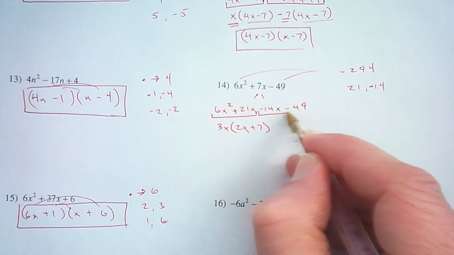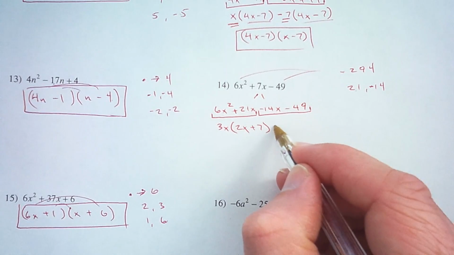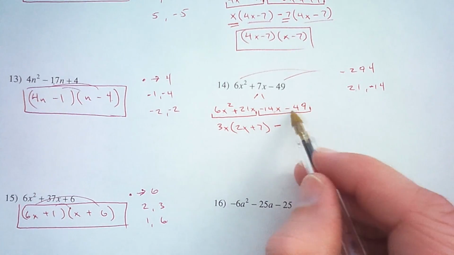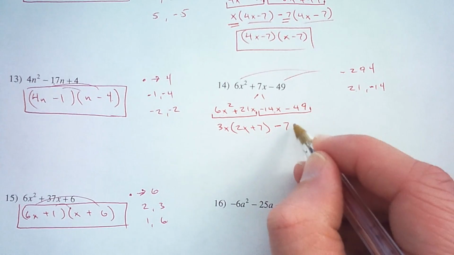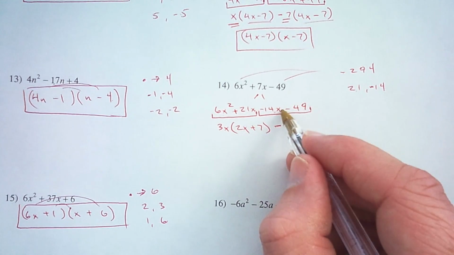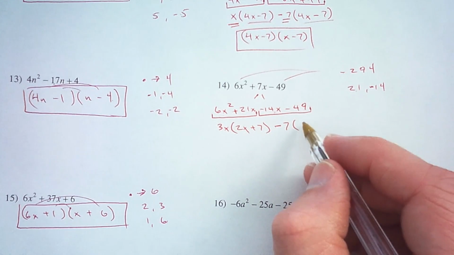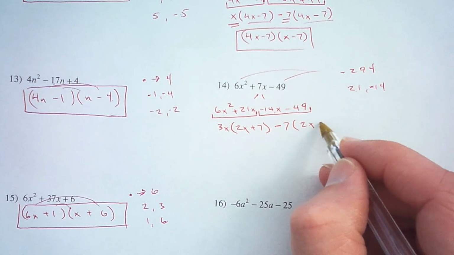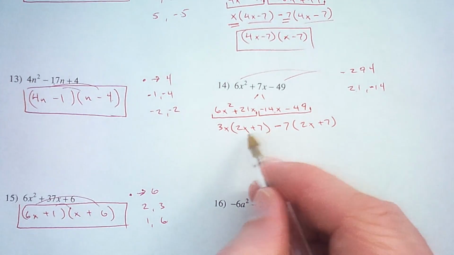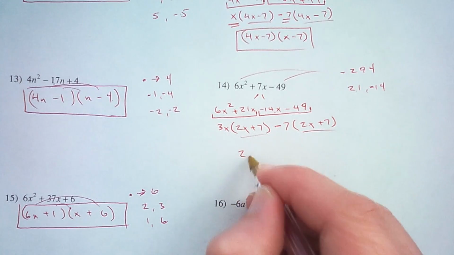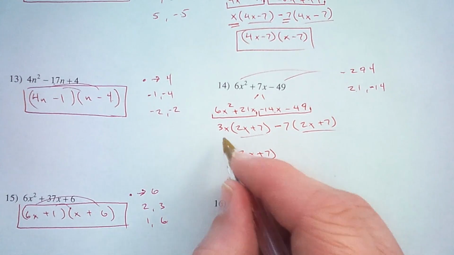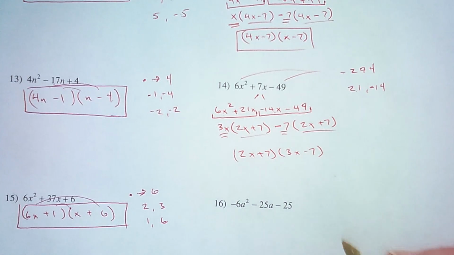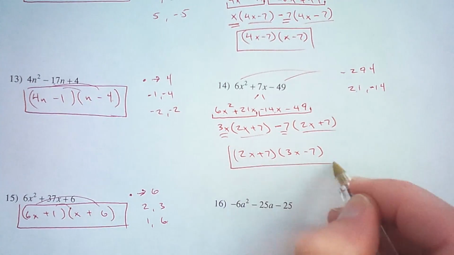And then this second group starts at the negative, so I'm factoring out a negative, and I believe the biggest number that goes into both of these will be 7, so I'll factor out negative 7. Negative 14x divided by negative 7 is 2x. Negative 49 divided by negative 7 is 7. So I have 2x plus 7 as a factor and 3x minus 7 as the other factor.